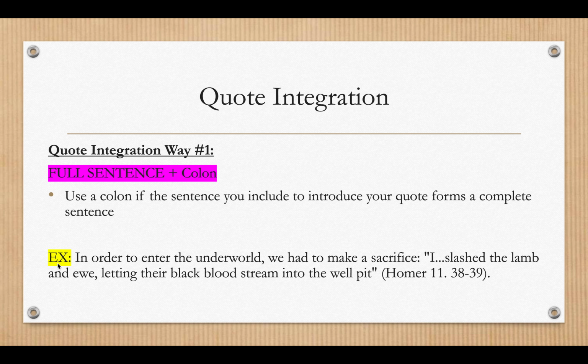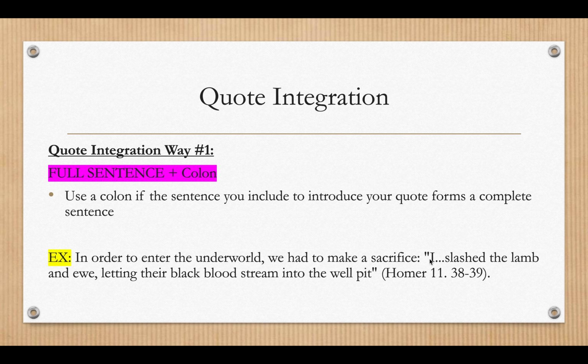So here's what it would look like. My example says, "In order to enter the underworld, we had to make a sacrifice: I slashed the lamb and ewe, letting their black blood stream into the well pit." Again, I have this colon. If I were to take this out and pretend that this is just a period instead of a colon, my writing of this whole sentence is a complete sentence. I could just leave it like that. It's good to go.